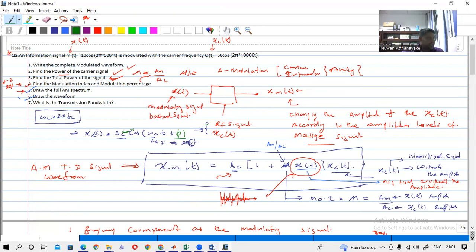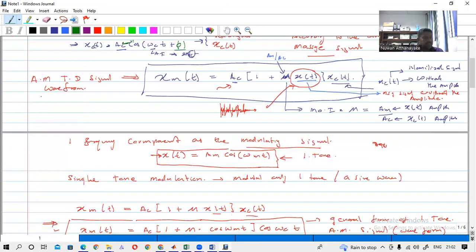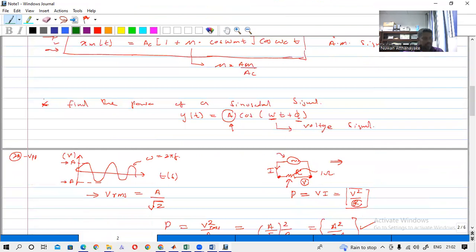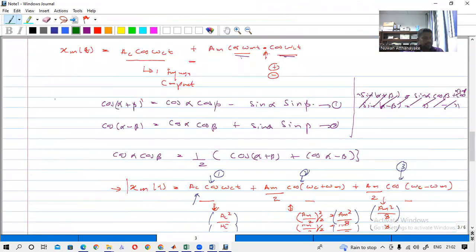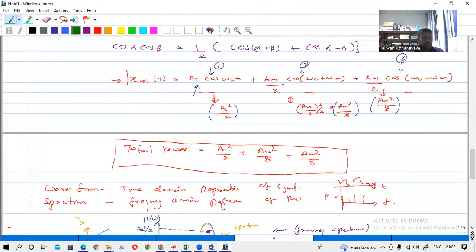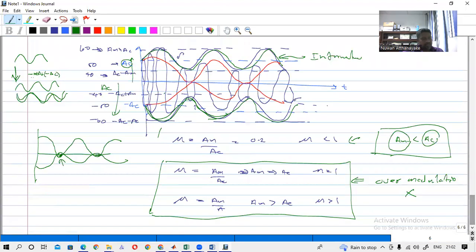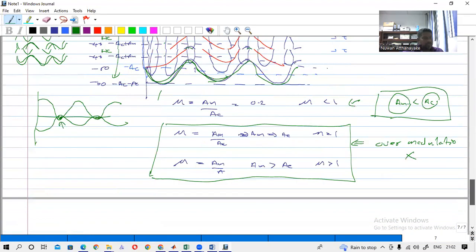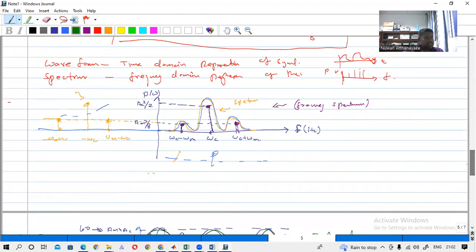And also we have to find the transmission bandwidth. The transmission bandwidth is the full spectrum. There are many definitions for the bandwidth, but here we are asking the full frequency range we are transmitting.